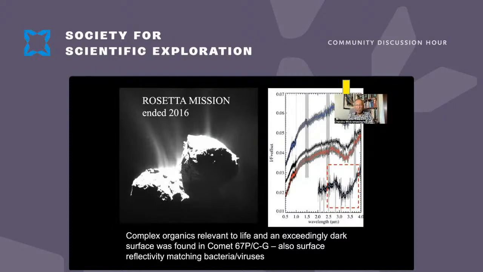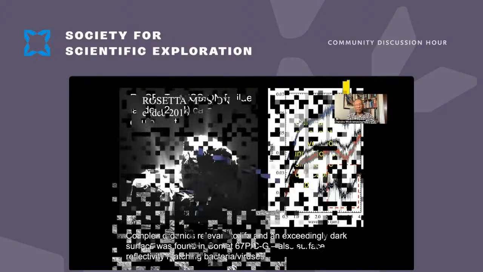This is the Rosetta mission comet 67P CG. It also led to a detection of the surface reflectivity of the comet's material: how does the comet reflect infrared light? Again, I don't want to go into details, but the curves show how closely the observed reflection spectrum in the infrared matched the properties of a bacterium.